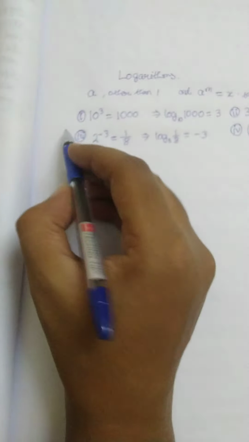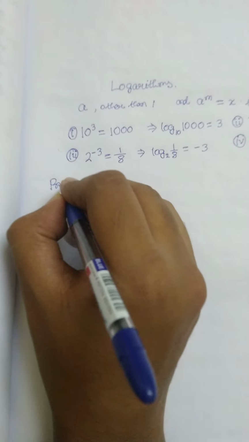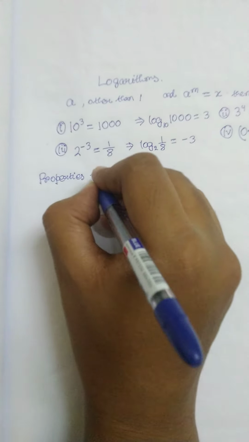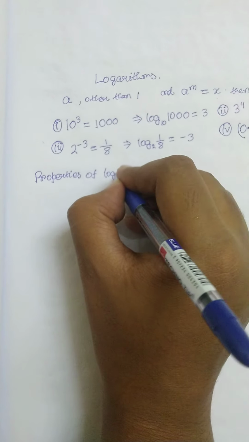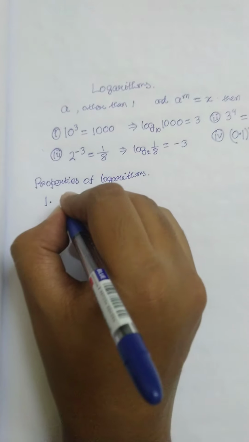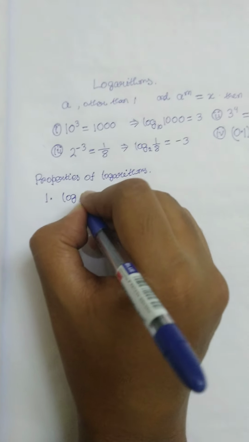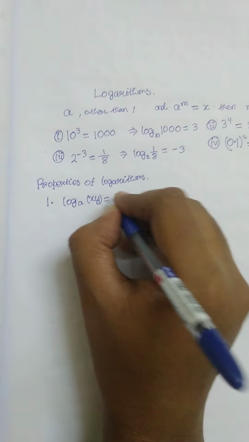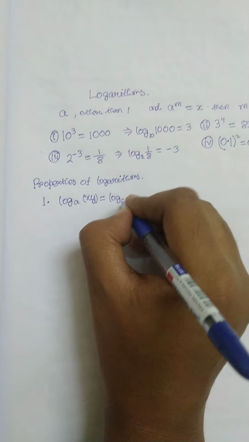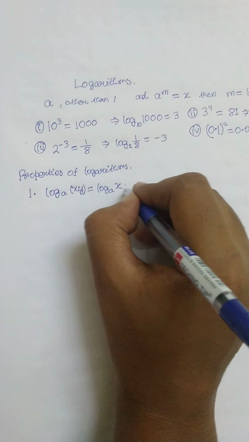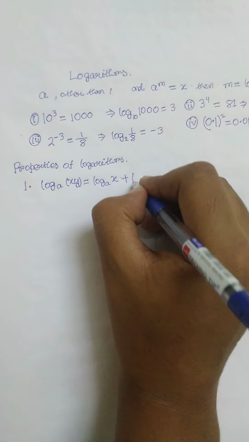Now a few properties of logarithms. Suppose one, please write it down if possible, or remember: log base a of xy is equal to log base a x plus log base a y.